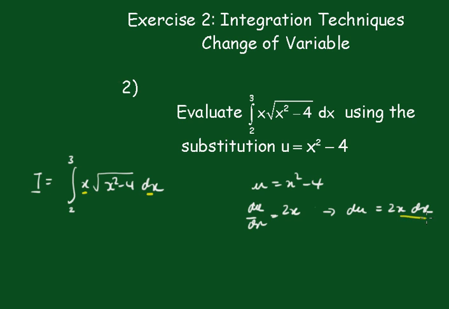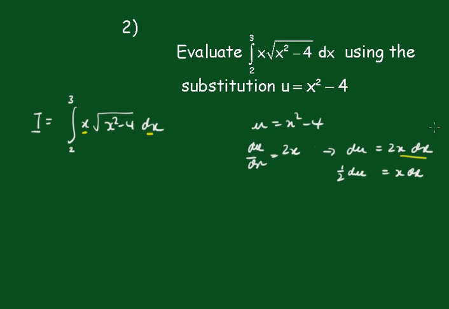There it is there. So really, I say half of du equals x dx. Again, we'll fix up the limits. So when x is equal to 3, u is equal to 3 squared, 9 minus 4, 5. And when x is equal to 2, u is equal to 0.